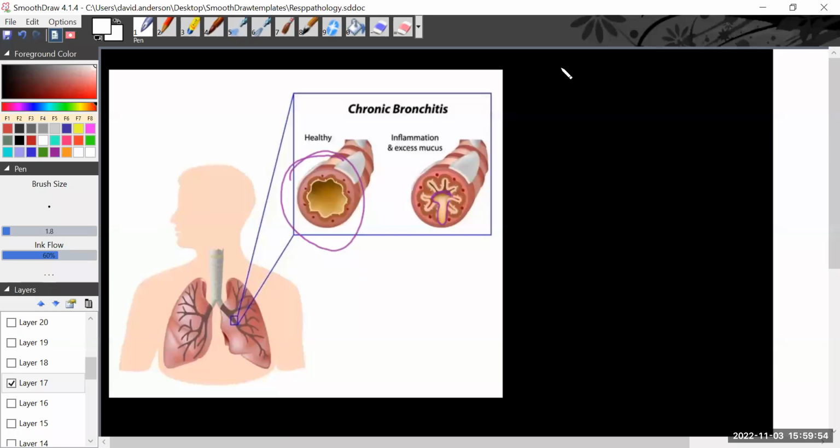So again, what we can do is we can look at this picture and we can follow the pathway and we can see that what we're going to have here is airway restriction and secretions. Those secretions are mostly mucus. So that's what sets us up for our hypoxia.